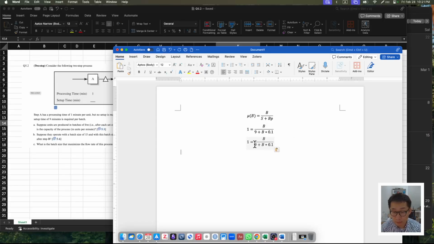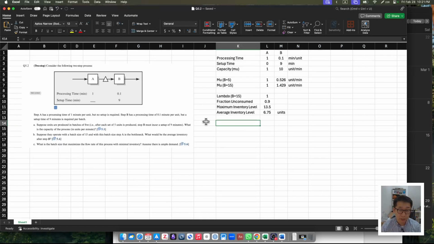It looks like it's going to be 10. So you're going to have to rearrange this like this. As you can see, if you move 9, your B is going to be 10. So that is the answer for this particular question.